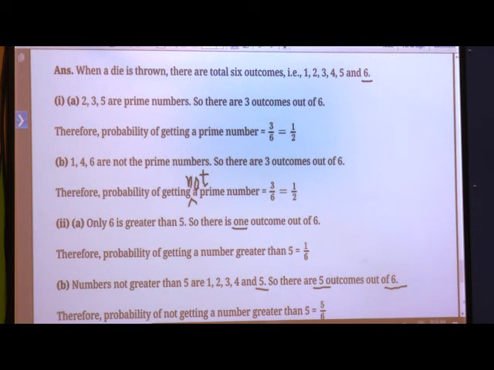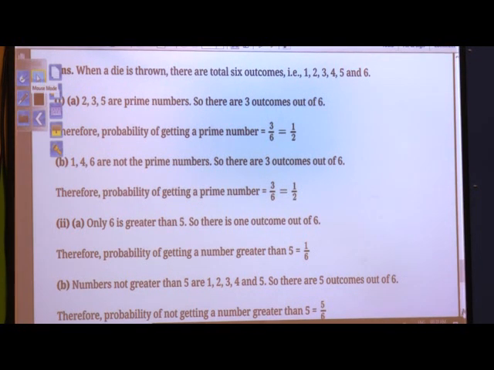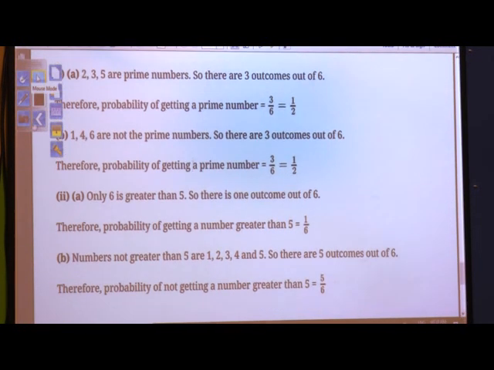Therefore, the probability of not getting a number greater than 5 is equal to 5 upon 6.